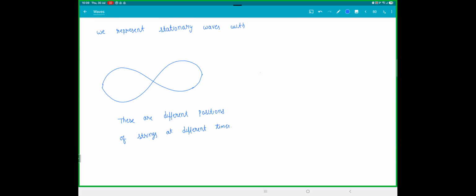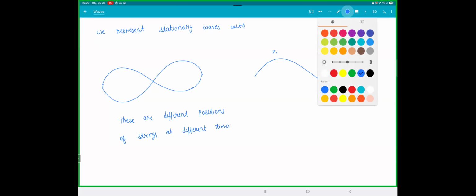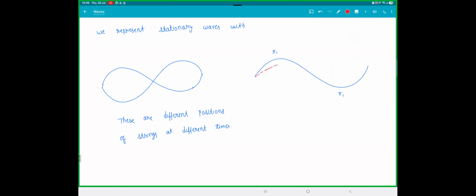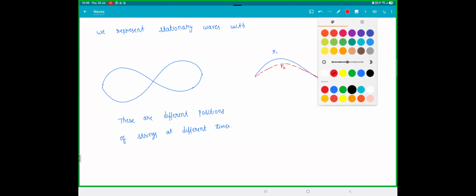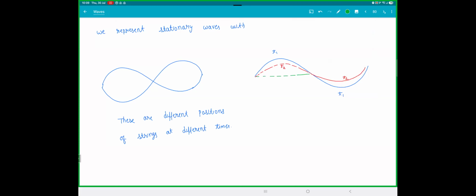Meaning if I draw now, see this is how it looks. So the string is like this. This is time t1. Next moment, the string will come a little down. This is time t2. Next moment, the string will become flat. This is time t3.